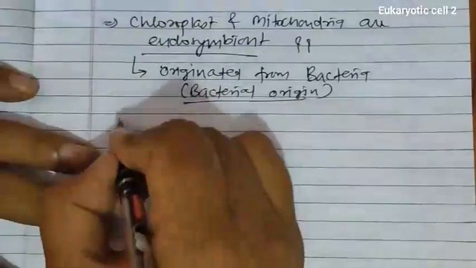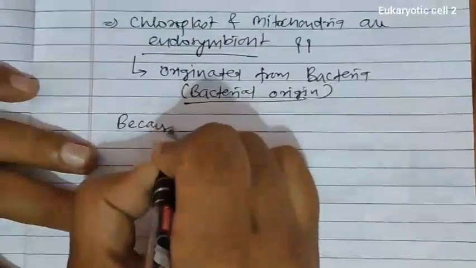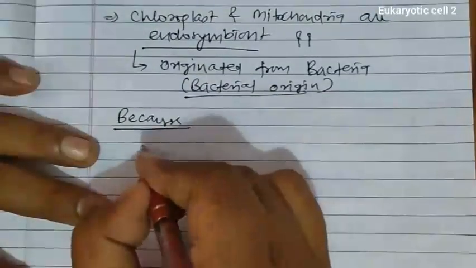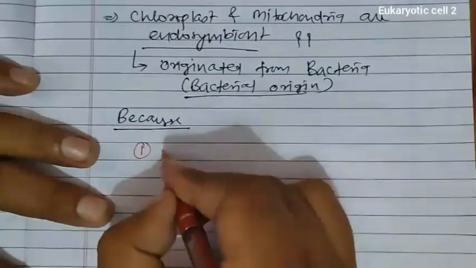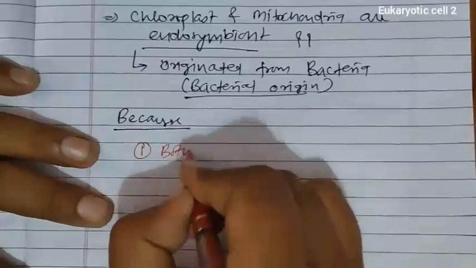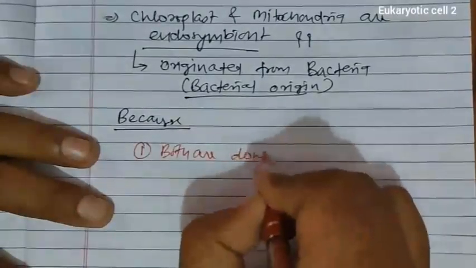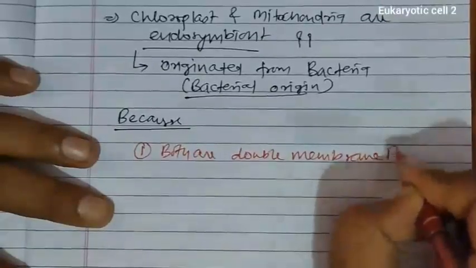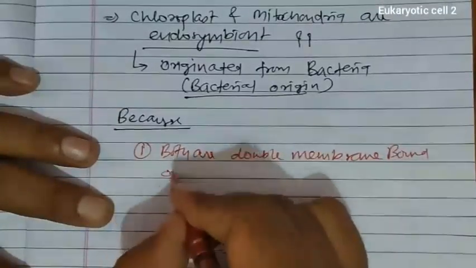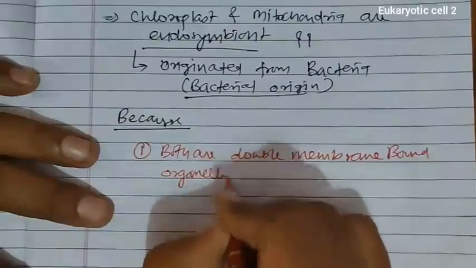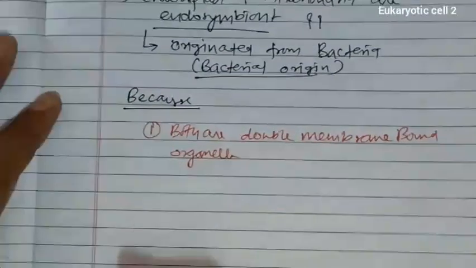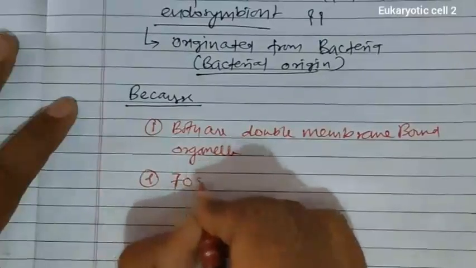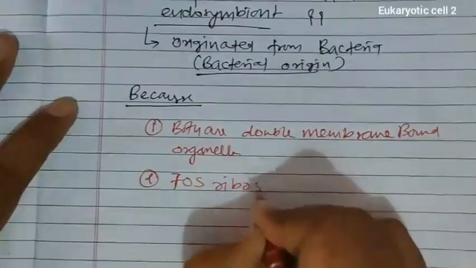Because both are double membrane bound organelles. Next, they both have 70S ribosome.